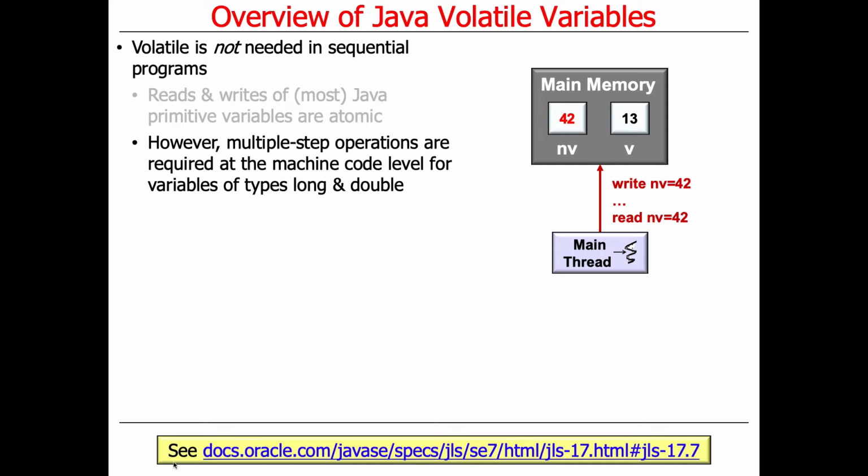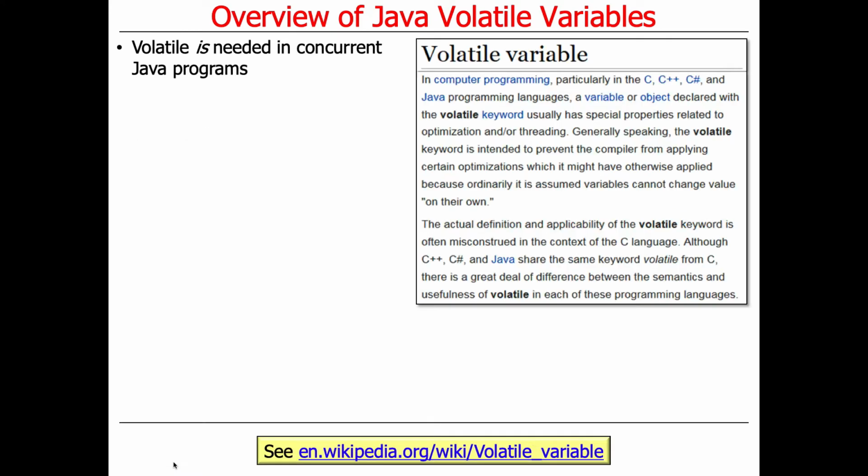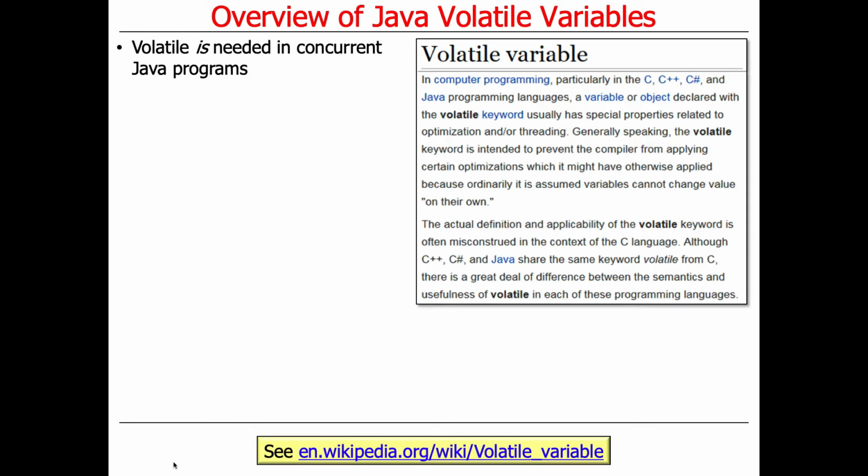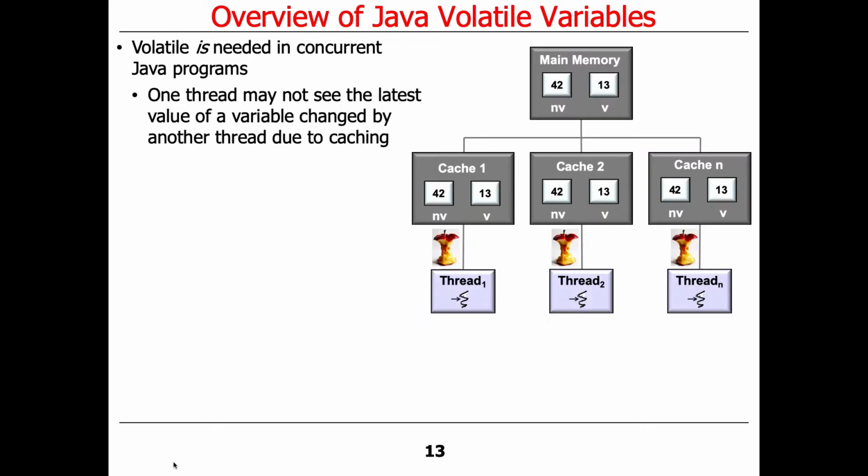But when you start working with quantities that are larger than one word, like a long or a double, then it would require multiple operations. And then if you have multiple operations, unless you're in one thread of control, you can have things sneak in and end up with contention and read-write conflicts. So for single-threaded programs, this whole issue is really not an issue. For multi-threaded programs or concurrent programs, it can become an issue. And that's, of course, where volatile plays a role.